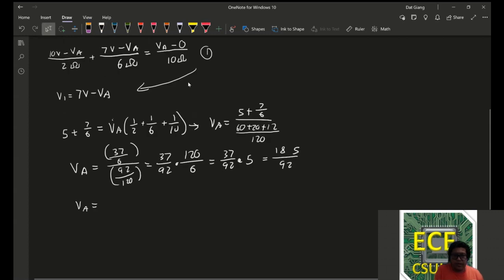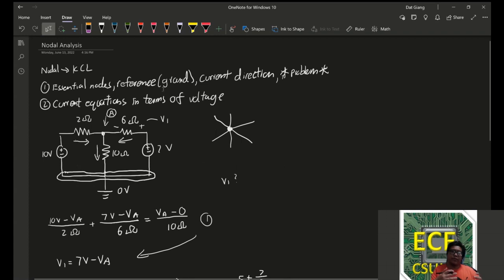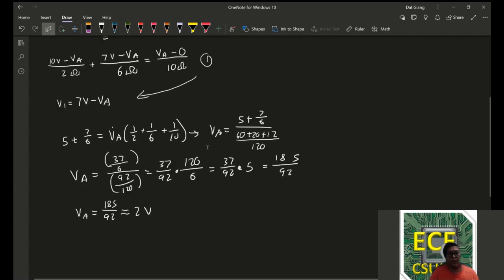So VA is roughly 2 volts. And that's how we are able to use nodal analysis to quickly find voltage instead of creating multiple systems of equations and then having to solve for each one individually before we get to our answer.